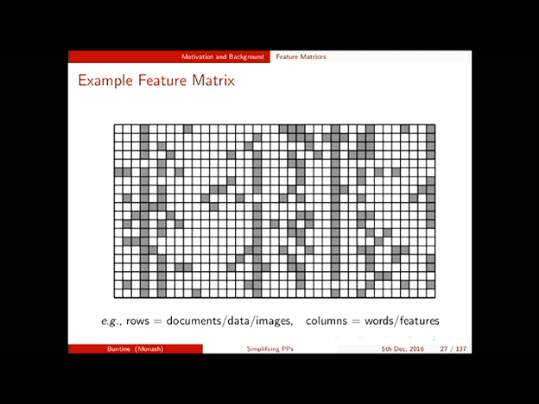You could have counts if you're saying how many input nodes there are, or how many times they have watched this particular music video or music track. This is a discrete feature matrix which we'll be working with.